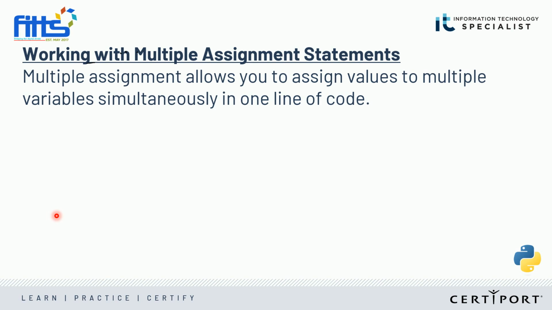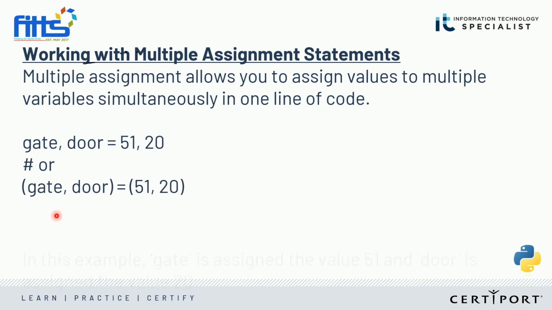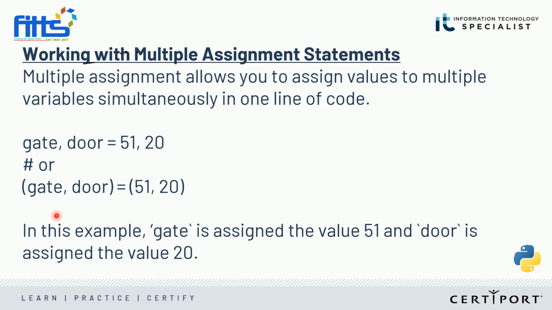So multiple assignment allows you to assign values to multiple variables simultaneously in one line of code, as I demonstrated earlier. So we have gate, door being equal to 51 and 20, or you can put them in brackets: gate, door, 51, comma 20. In this example, gate has been assigned 51 and door is assigned the value 20.